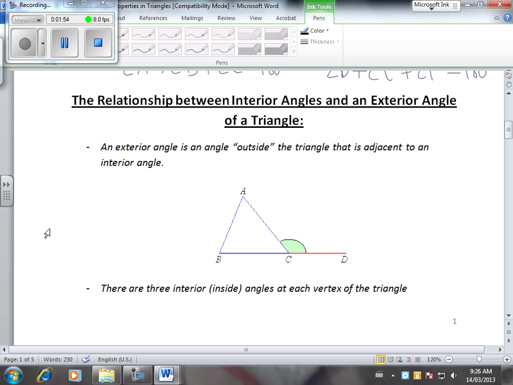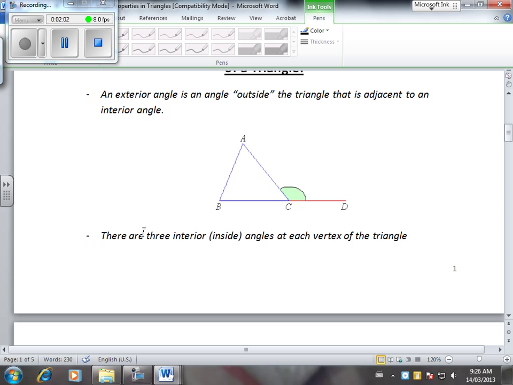So an exterior angle is any angle that's outside the triangle and adjacent or beside an interior angle. Okay, so if we look here, here's our line that extends out. Okay, the interior angles in this triangle would be angle A, angle B, and angle C. Those are interior.